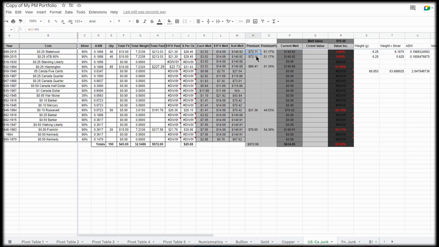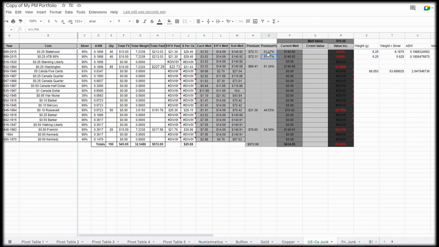So there's $72 in premium. That means 51% premium for that roll of quarters. That is a bit steep, if you ask me. I don't think it makes sense to stack junk silver at this premium.